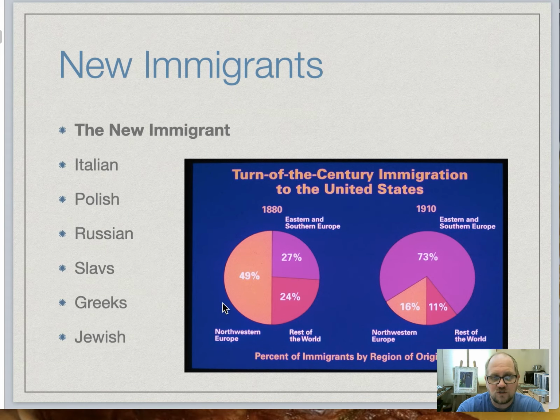And again, of course, the rest of the world would be Asia, mostly Chinese in this time. Well, by the 1910s, we see the bulk of immigrants coming to America is from Eastern and Southern Europe, like Italy and Poland and Russia and Greece and the Jewish population from across Europe. Also, you see the banning of Chinese immigrants cutting down this 24 to 11.